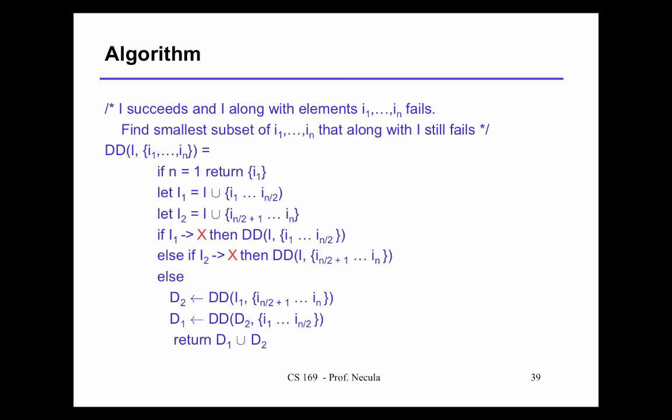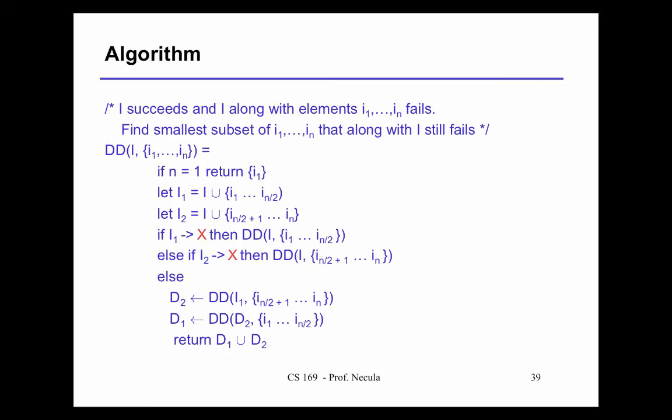And I've given D2. So I'm giving D2 as the first argument and this as the second argument. And these together don't fail. So I have to give I union D2. So the last call to DD should be exactly as you said it. DD I union D2, and then recurse in this.